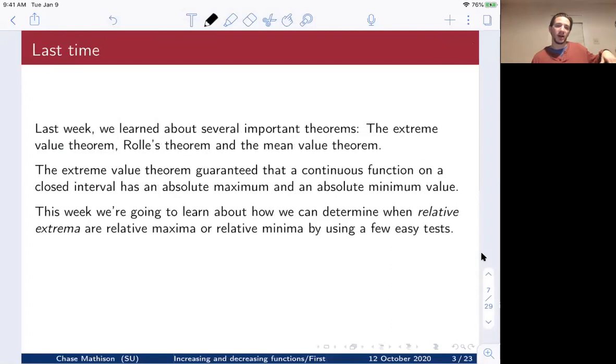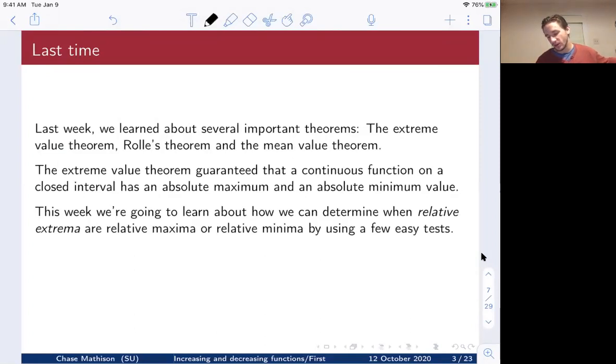Okay, but this week we're going to learn about how we can determine when the relative extrema inside of an interval, or if we're not even looking at a closed interval, but we find relative maxima and minima, we can determine when those are actually relative maxes or relative mins from a few pretty easy tests.